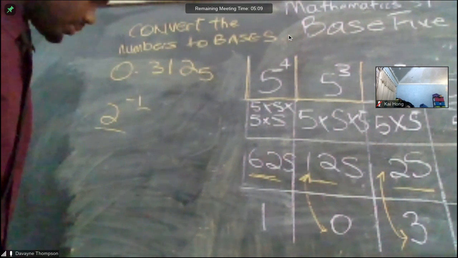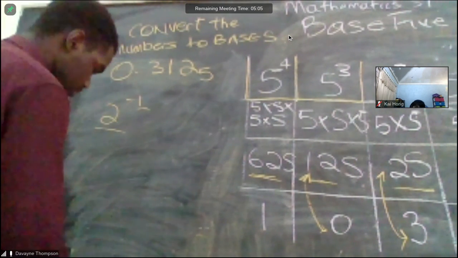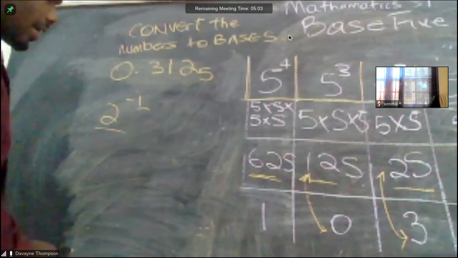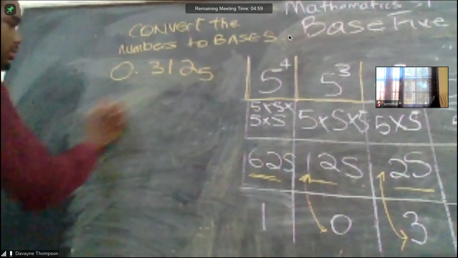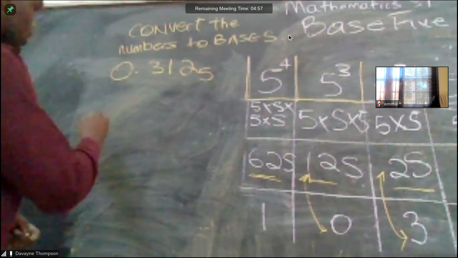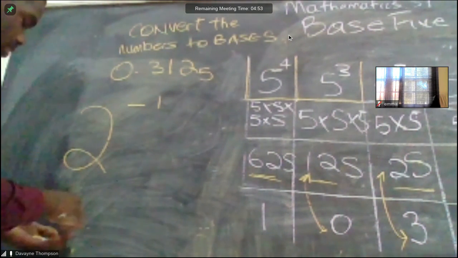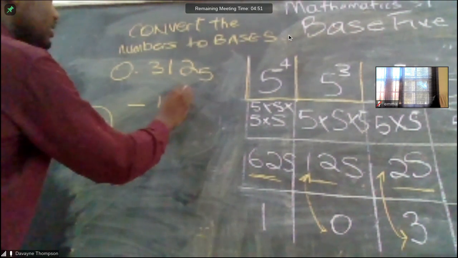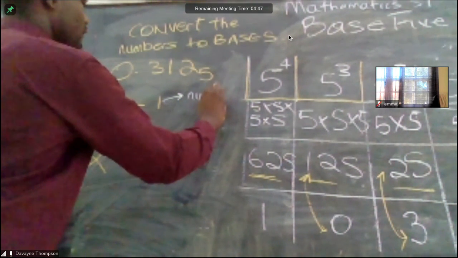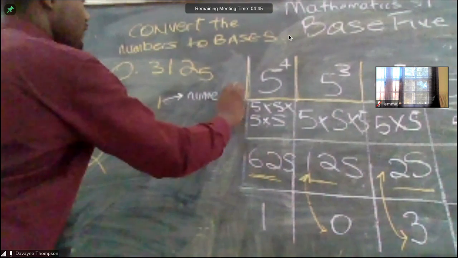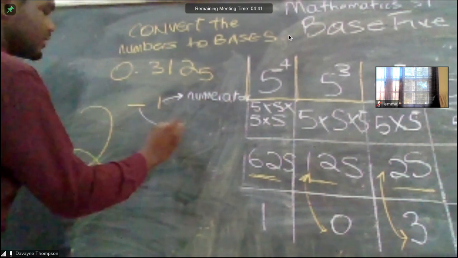Emma? Can you hear me? Alright. So draw the summary. Quickly draw the summary. 2, put it very largely. Negative 1. We're going to say the 1 means our numerator. The negative means our division bar.